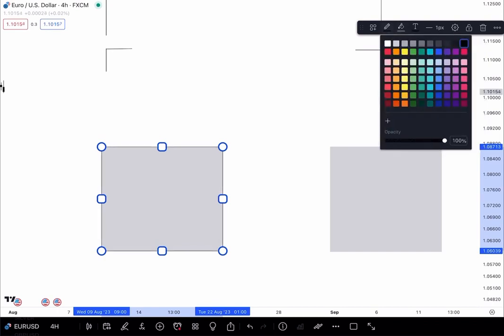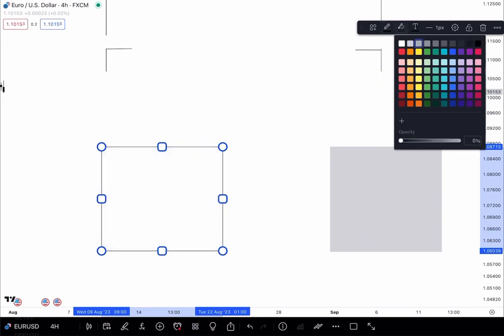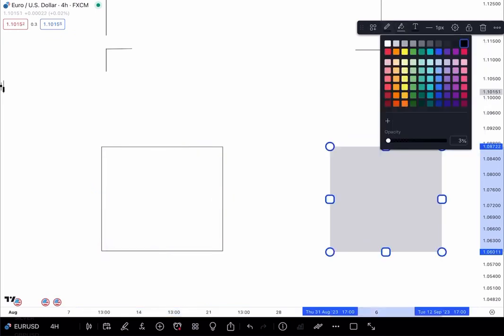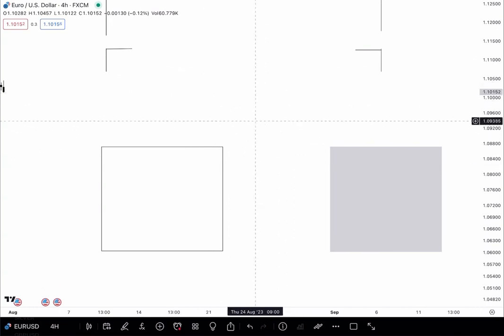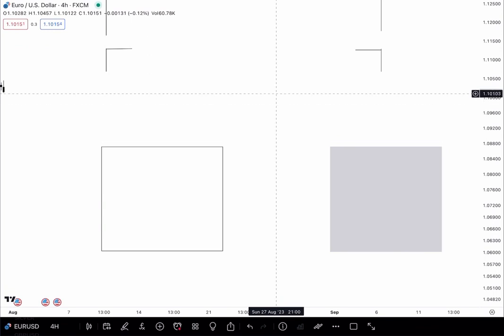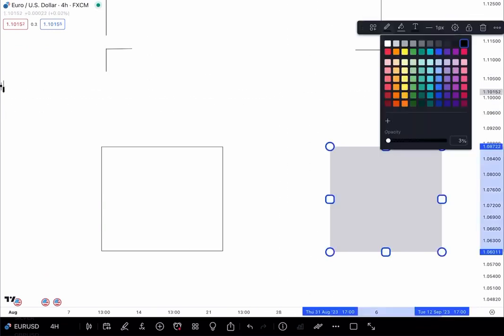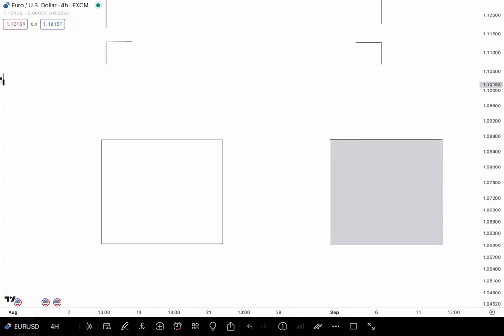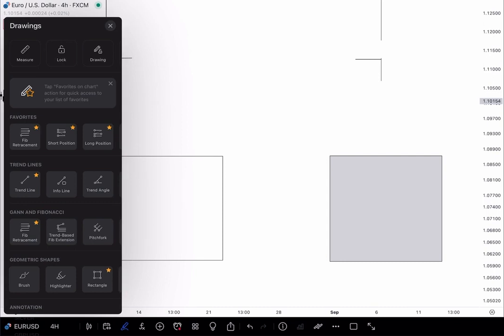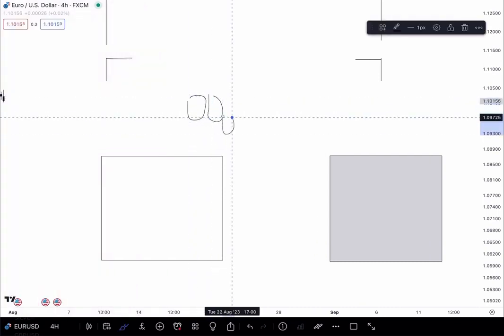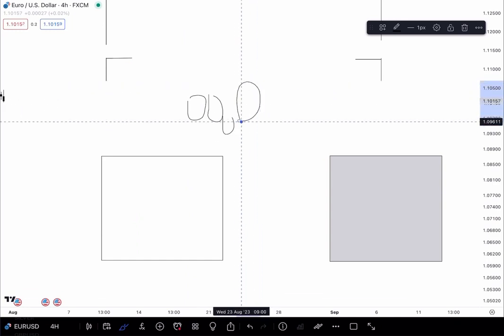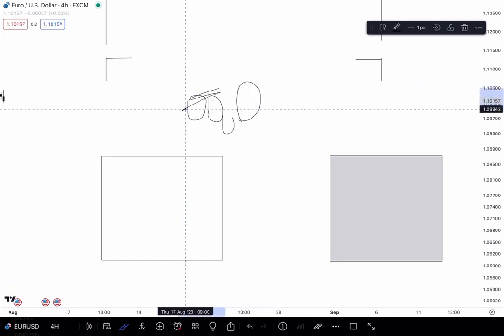I personally like to believe that they consist of three parts. So I like to see accumulation in one candle, manipulation in the second candle, and distribution in the third candle to the first candle, right? If it takes a bit longer than three candles, so accumulation in one, then manipulation in two, or accumulation in two, manipulation, distribution, so be it. As we know, accumulation is the longest phase.